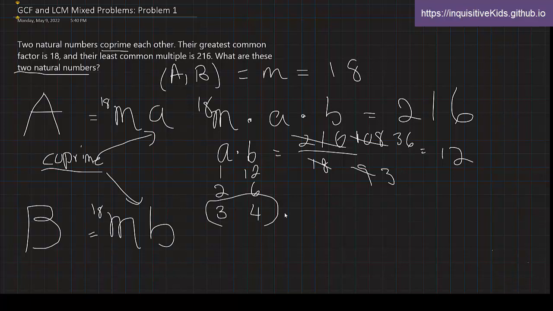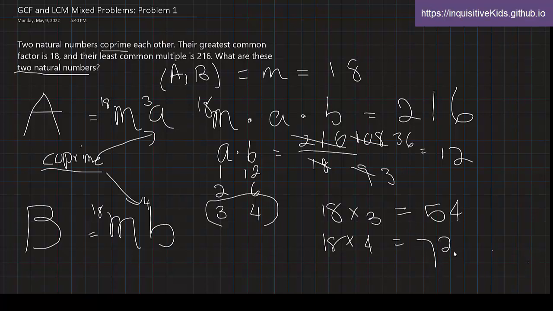So for the two natural numbers, we would just replace a with 3 and b with 4, and now we multiply. 18 times 3 is 54. And 18 times 4 is 72. So the two numbers that we have for our final answer are 54 and 72.